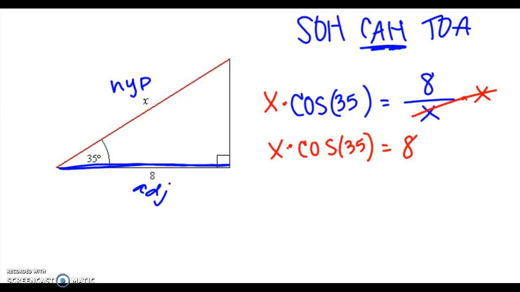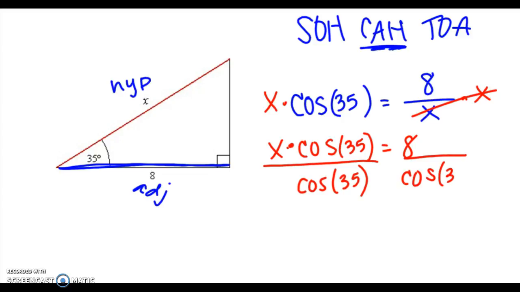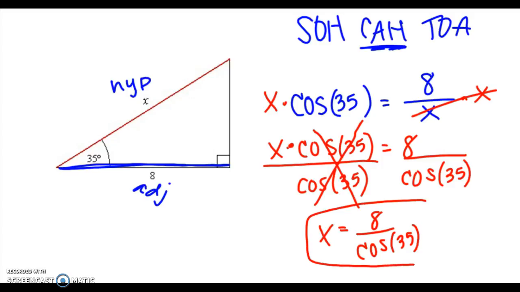Now if I want to get x by itself and I have multiplication going on here, I'm going to divide by cosine on both sides. So that crosses off. So I have x equals 8 divided by cosine of 35. Now this is what I'm going to be plugging into my calculator.